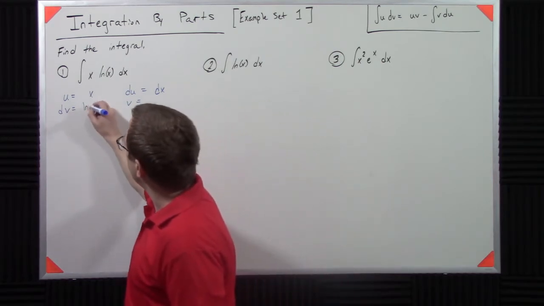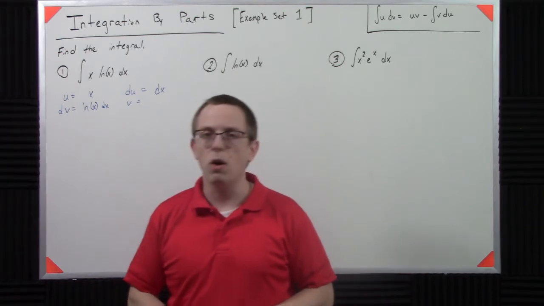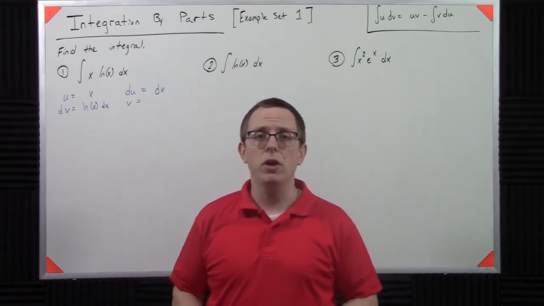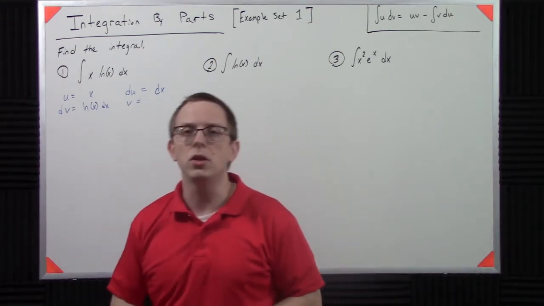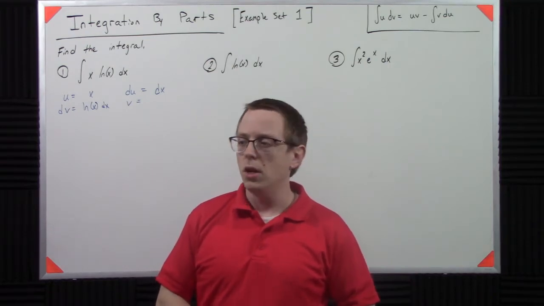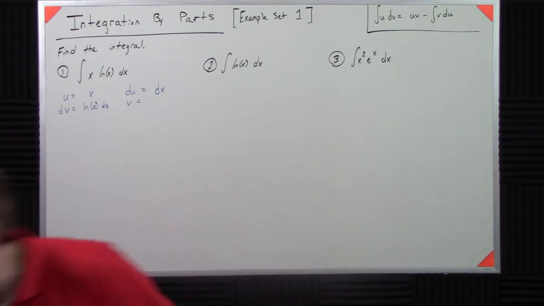Now, if I take dv to be natural log of x dx, then I have to figure out what the antiderivative of natural log of x is. And sadly, we haven't covered that yet. In fact, that's what we're going to cover in this next piece. So it's not an ideal candidate, and this is probably not the right way to do it.